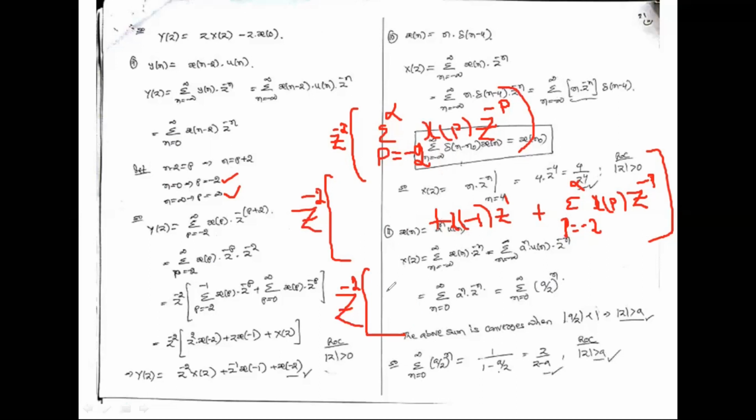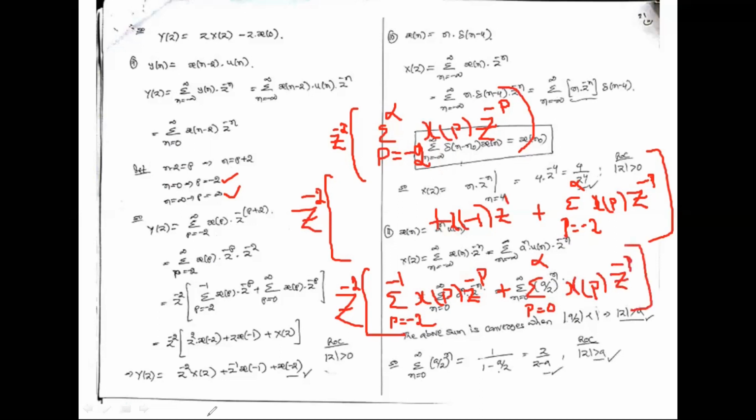So I am taking this one as the sum over p from minus 2 to minus 1 of x of p, z power minus p, plus the sum over p from 0 to infinity of x of p, z power minus p.